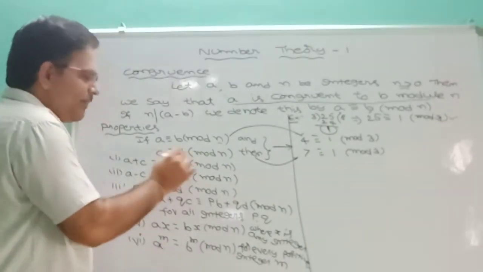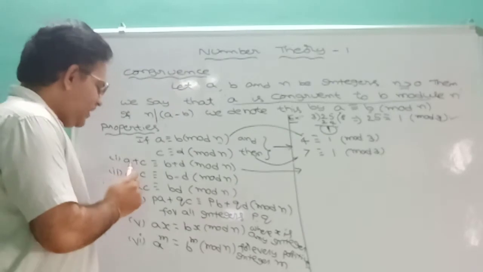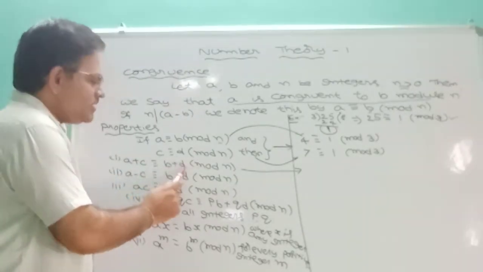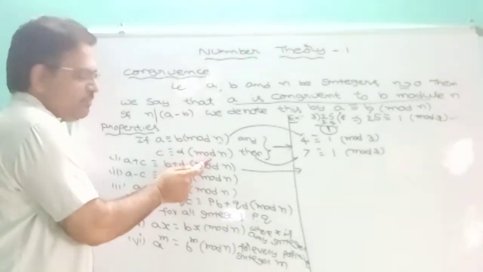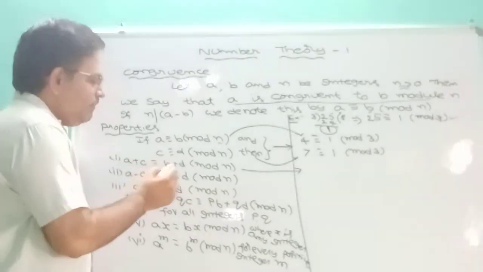Now, what are the properties? One by one, I am explaining. First property: a plus c is congruent to b plus d mod n. If this condition is possible, then automatically a plus c is congruent to b plus d mod n.